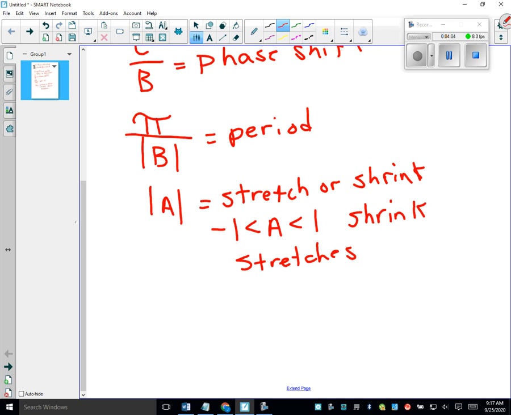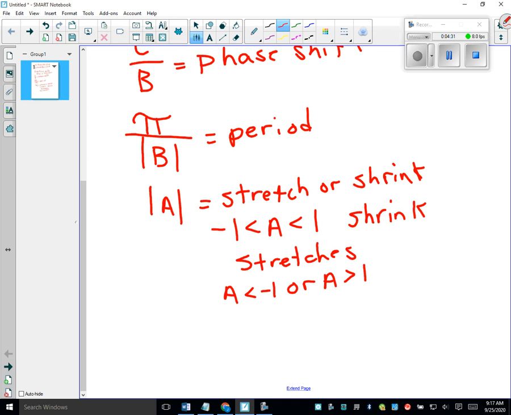So it stretches if A is less than -1 or A is greater than 1. All right? The book goes through all this long story about it, so I was trying to make it as simple as possible. All right. That's tangent and cotangent.